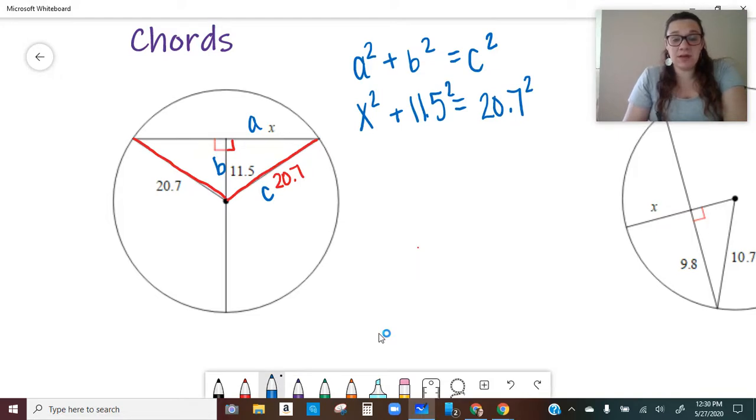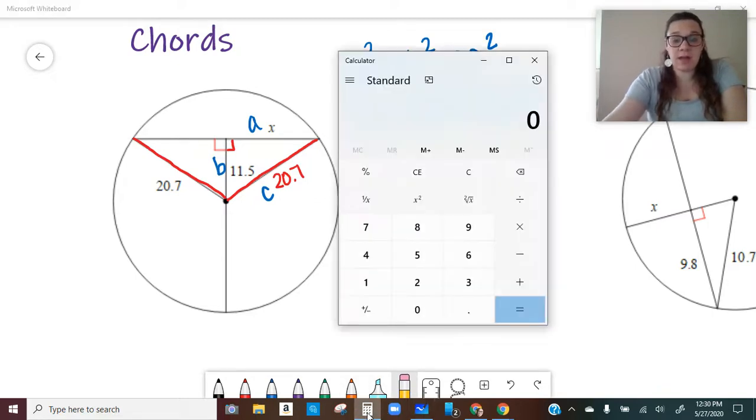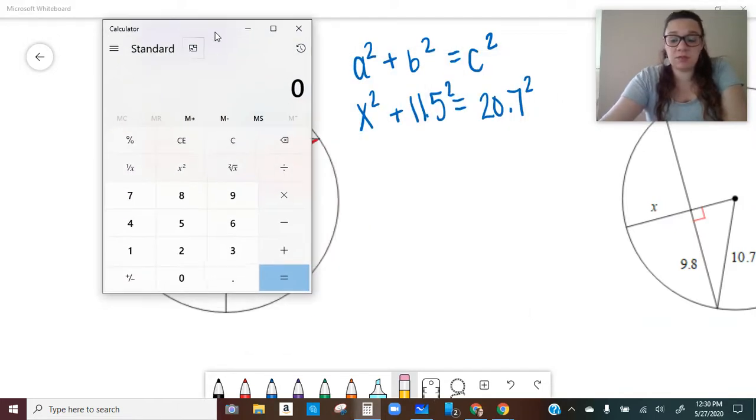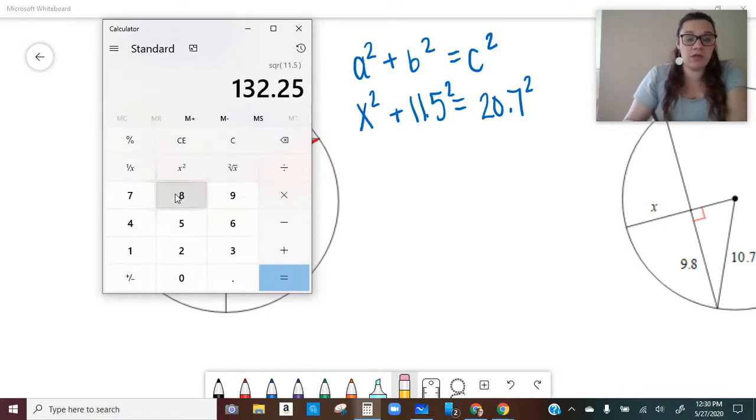Let's clean some things up here. Some of you are able to jump right to the answer here by using your calculator, and if that's you, that's fine. Otherwise, follow along for the steps in between. I'm going to get these worked out. 11.5 squared is 132.25.